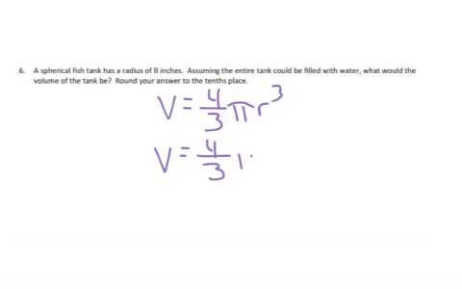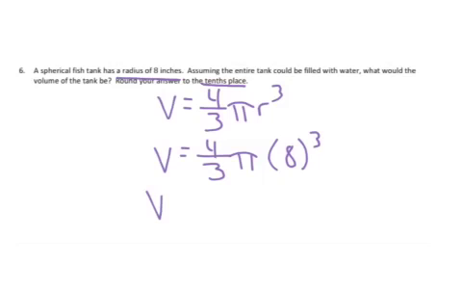So here we have a spherical fish tank, and we have a radius of 8. So I can just use my formula, 4/3 pi r cubed. So I have 4/3 pi. My radius was 8, so I'm going to plug in 8 cubed. And they want us to round to the tenths place, which means 1 decimal.